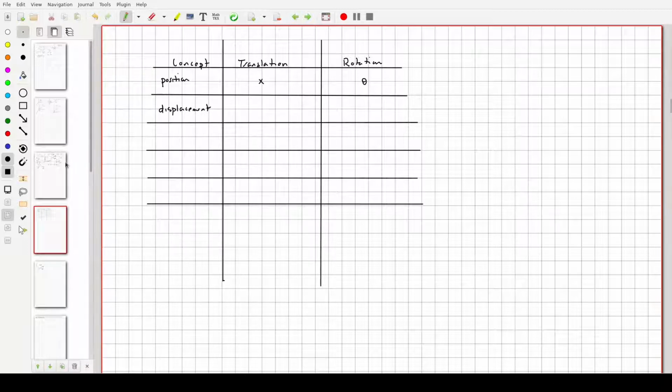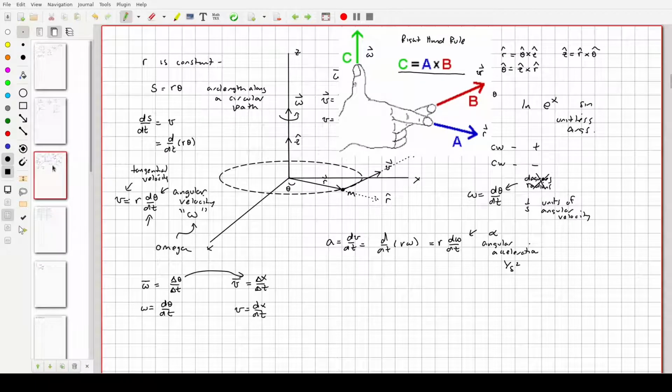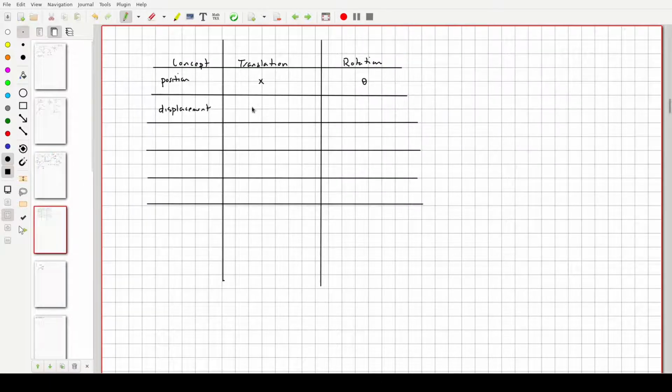As we saw, with average velocity being your change in position over time, and this being displacement, there's an analog here for rotational velocity. So this would be angular displacement. With translation, we call it delta x, which was x minus x naught. And for rotation, we're going to call it delta theta, which surprisingly enough would be theta minus theta naught.